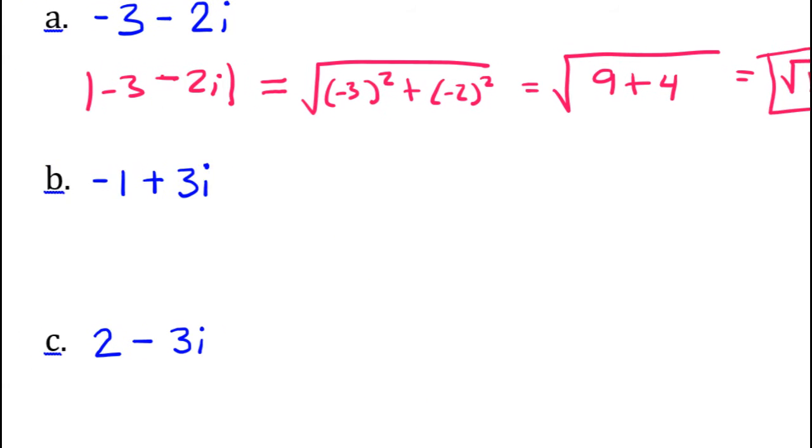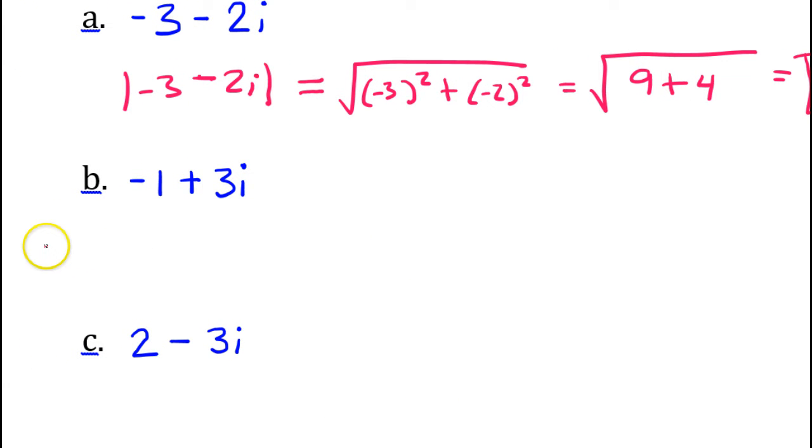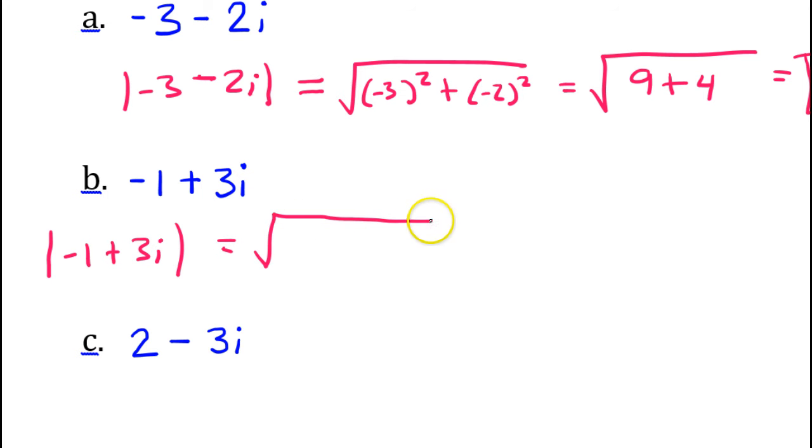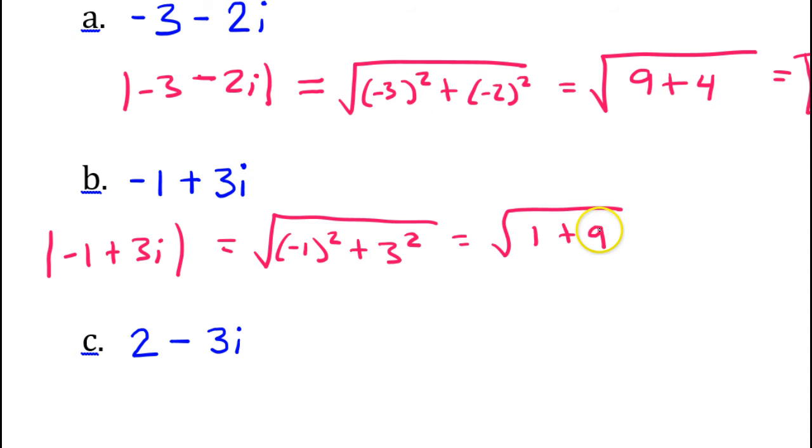Okay, and similarly for the next one, let's go ahead and say the absolute value of -1 plus 3i will equal the square root of -1 squared plus 3 squared. That's going to be the square root of 1 plus 9. That is the square root of 10. So that would be the absolute value of B.